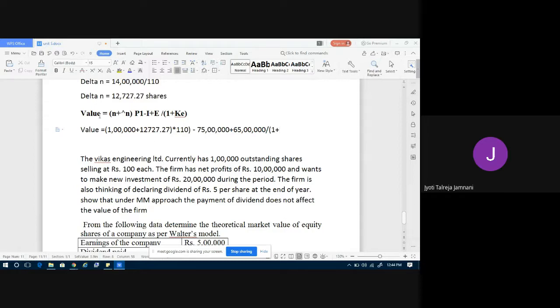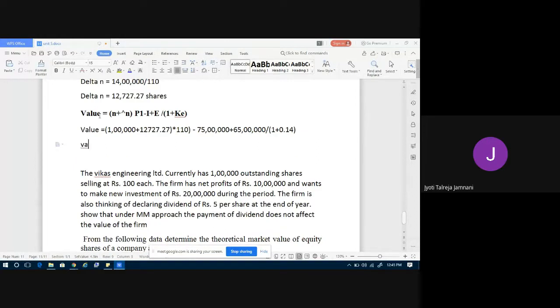KE is 0.14 because 14% is the cost of equity given. Can anybody tell me the final answer of value?